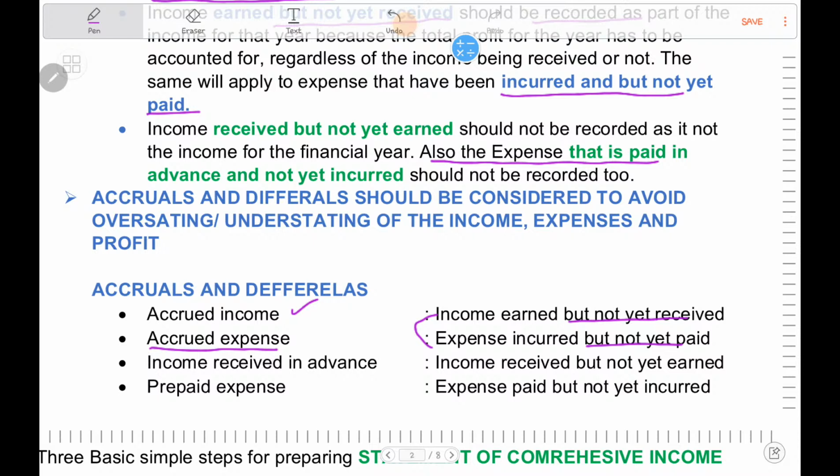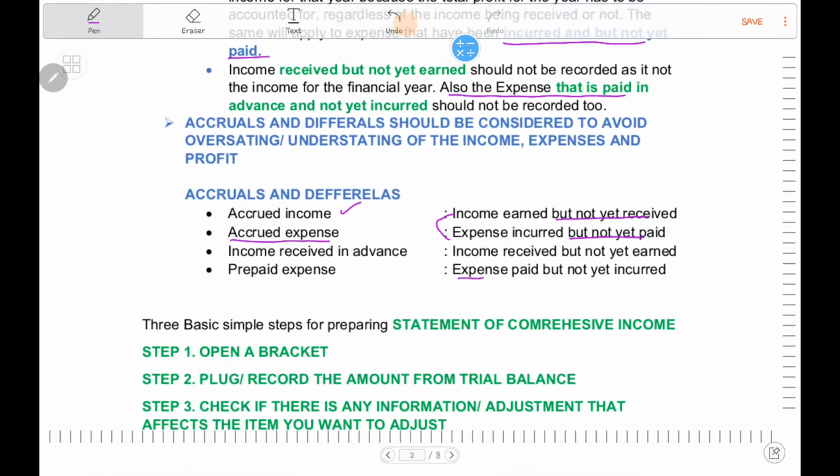Now that rent, since it does not fall within the financial year, when we prepare the statement of comprehensive income, we have to remove it simply because it is not the income for this particular period. The same applies with the prepaid expense. So the income received in advance and also the prepaid expense, we just subtract them if we come across any adjustment that speaks about them.